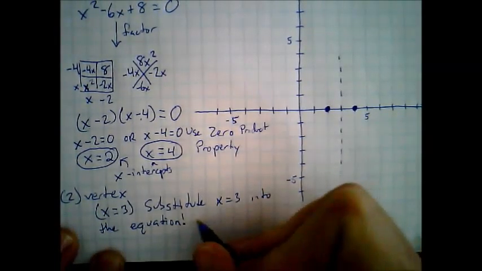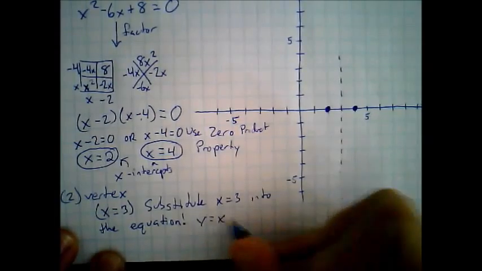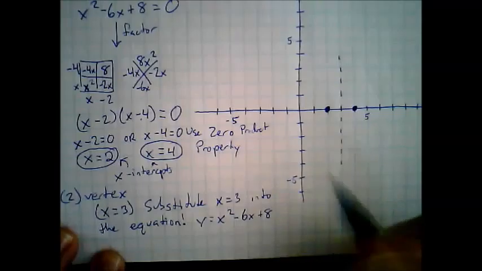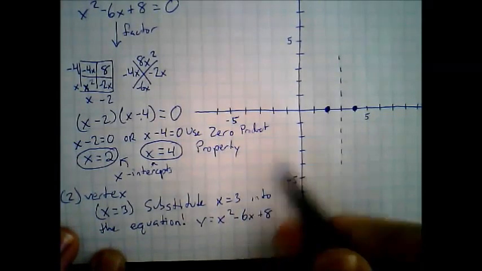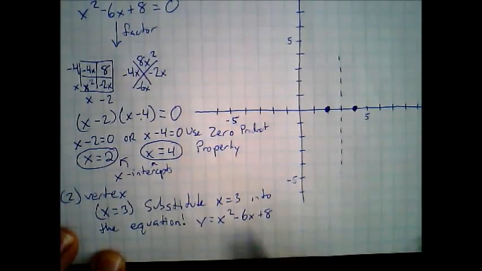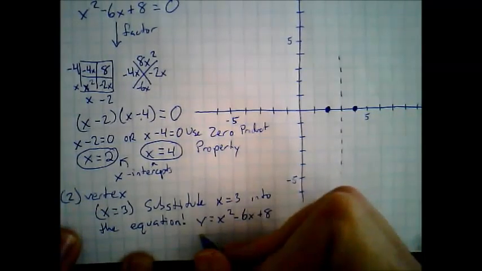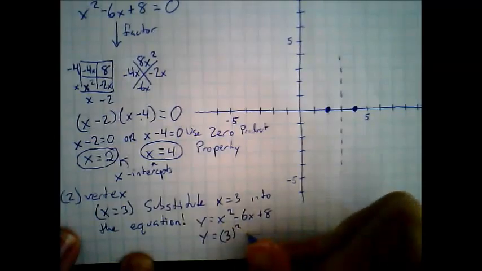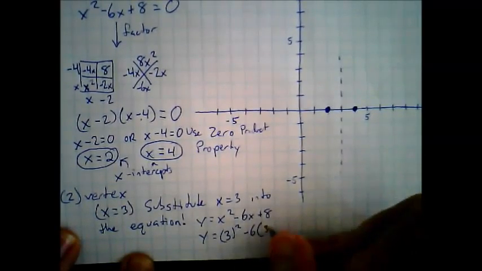Okay, so our equation is still y equals x squared minus 6x plus 8. So we know x equals 3, so basically we want to know if x equals 3, what's y? So we get y equals 3 squared minus 6 times 3 plus 8.